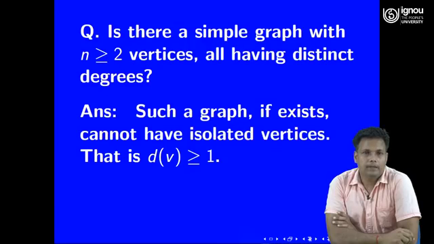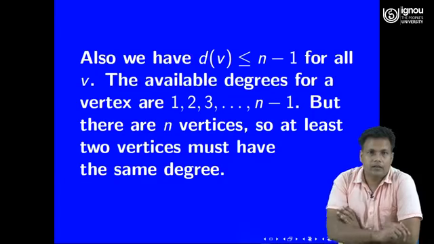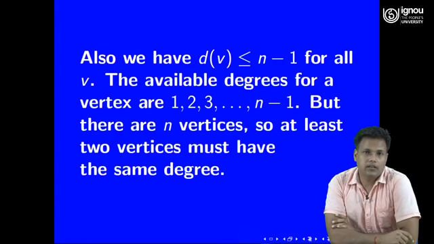Now we have dV is greater than or equal to 1 for all vertices. But we also have that dV is less than or equal to n minus 1 for all vertices, because no vertex can be adjacent to more than n minus 1 vertices, as the graph is simple. Apart from the vertex itself, there are n minus 1 vertices it can be adjacent to. So the available degrees are 1, 2, 3 up to n minus 1.